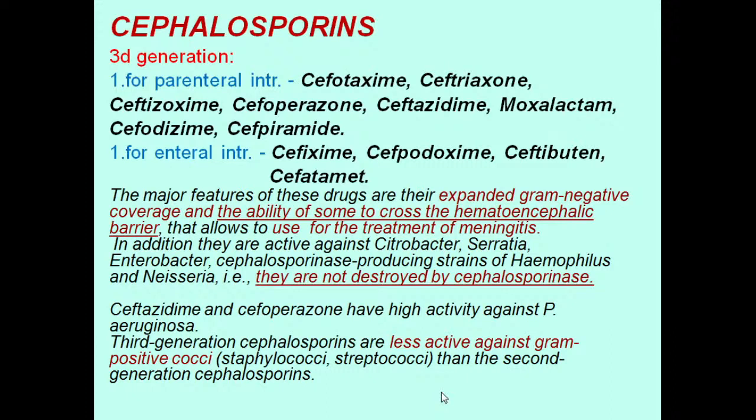Third generation. The major features of these drugs are their expanded gram-negative coverage and the ability of some to cross the hematoencephalic barrier, that allows the use for treatment of meningitis.